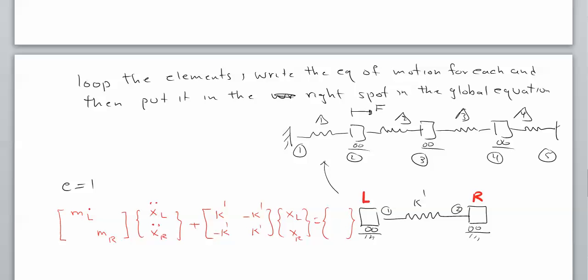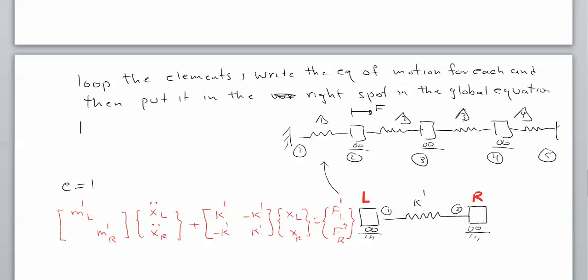Now, first of all, I am going to put a superscript 1 here because we are dealing with element 1. On top of the m's, notice that I put a superscript 1. Also, the load, which is always a left load and a right load for any element, I'm going to put a superscript 1.